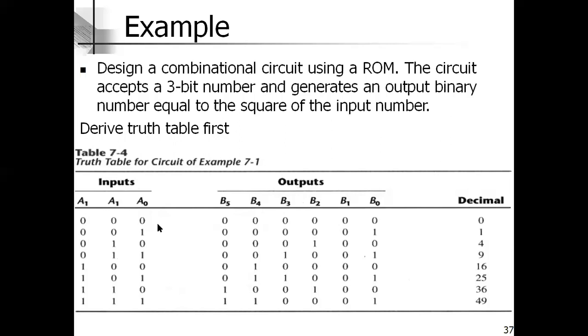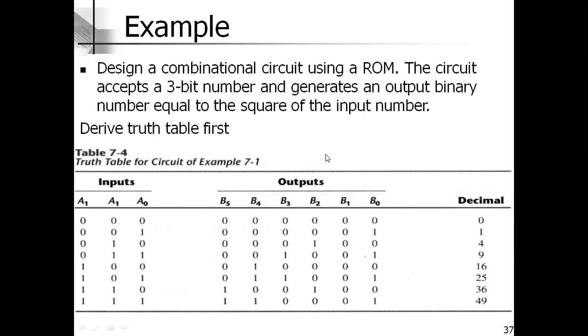What is the binary input number here? Then take its square. That means 0 means 0 square, 0. Here 1, 1 square means 1. So when the problem statement is given, we have to give the 3 inputs. The problem statement says it generates an output binary number equal to the square of the input number.